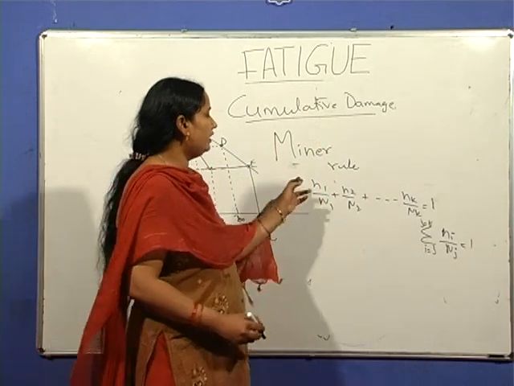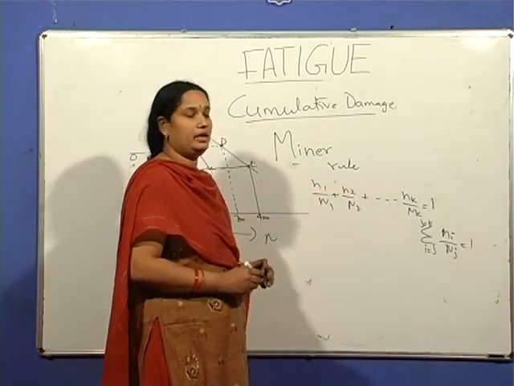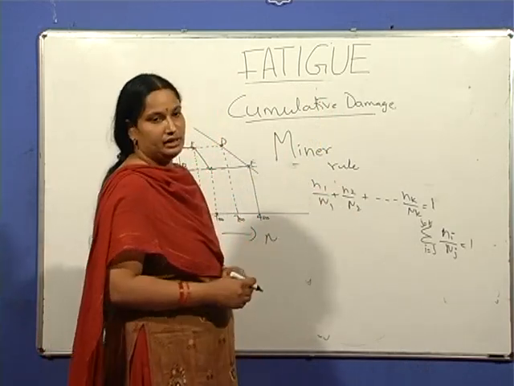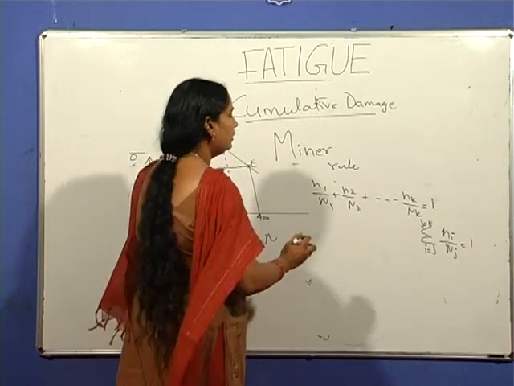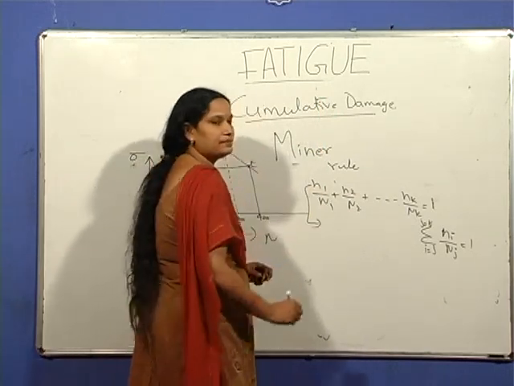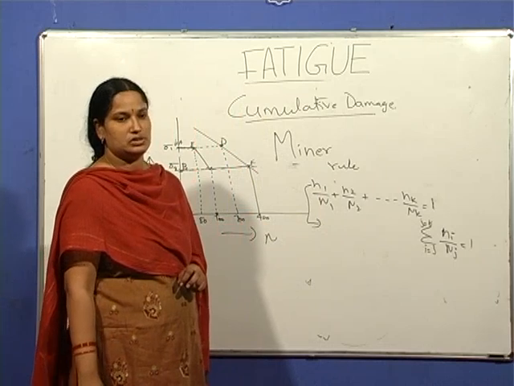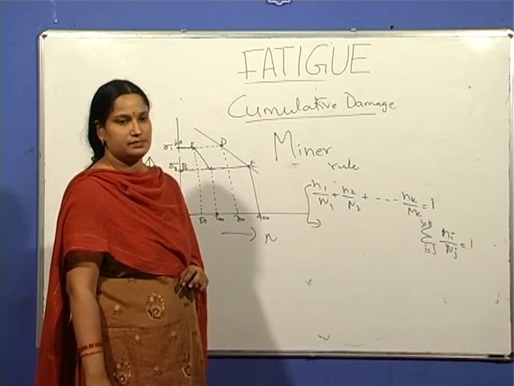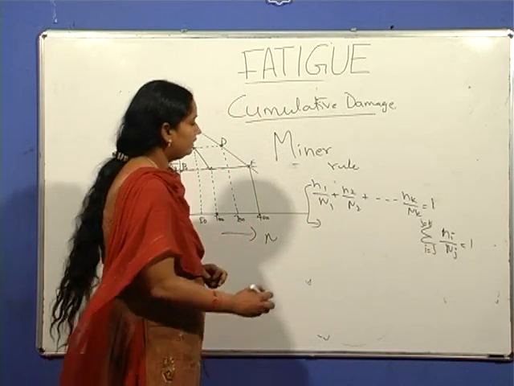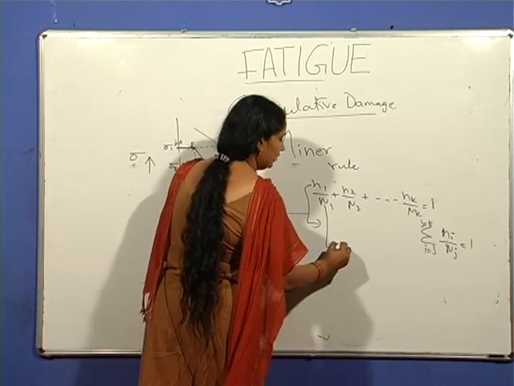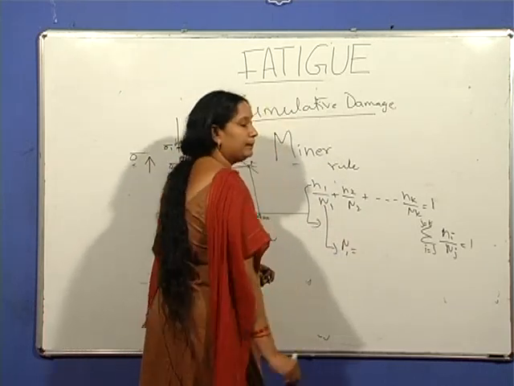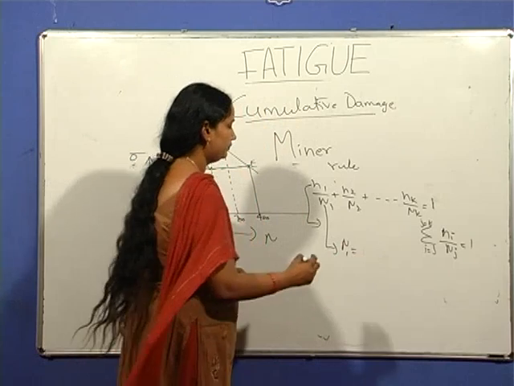where small n1, n2, n3 and nk represent the number of cycles that the component is exposed to at specific stress levels, and capital N1, N2 represent the number of cycles to failure.